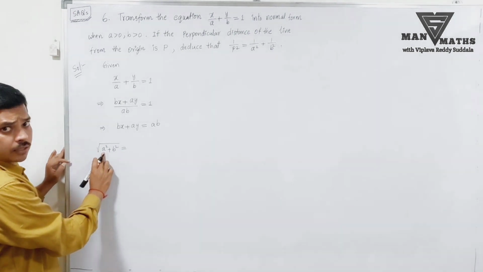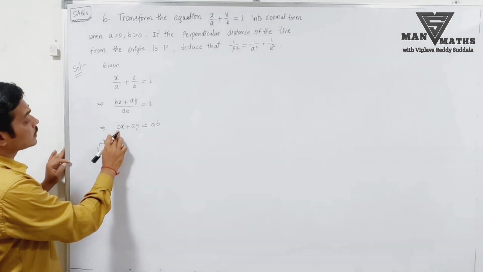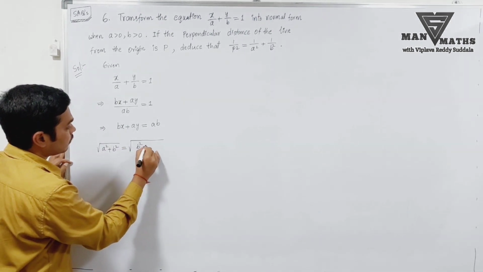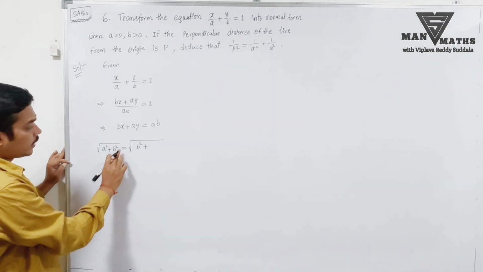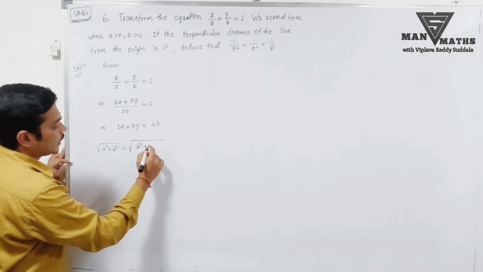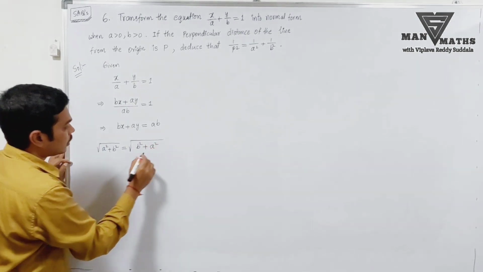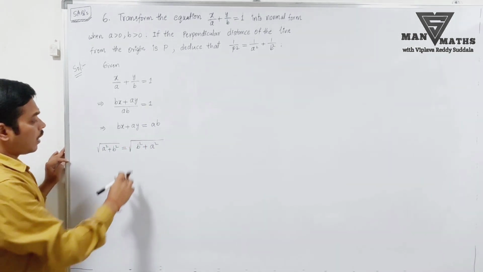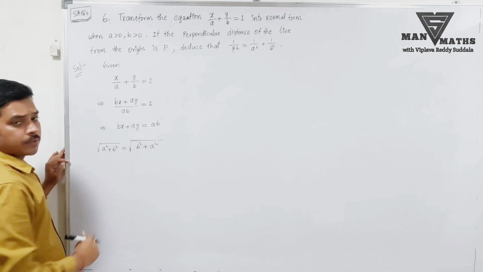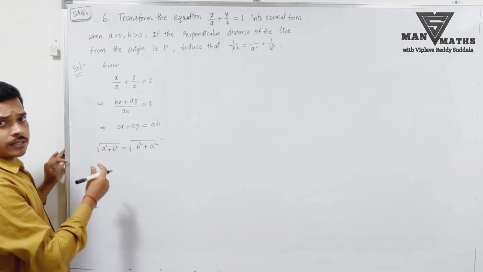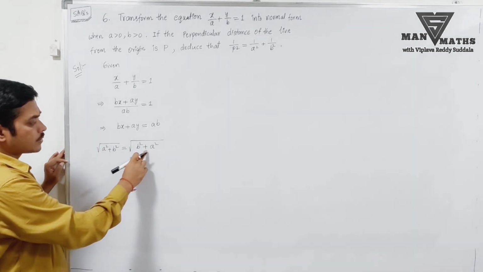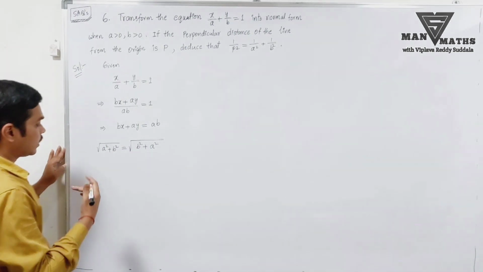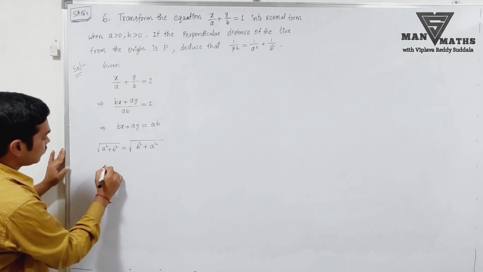A means the coefficient of x. What is the coefficient of x in this problem? b. So b square plus, a means the coefficient of y. What is the coefficient of y here? a. So a square. Now dividing each and every term by under root of a square plus b square, we get the normal form equation.